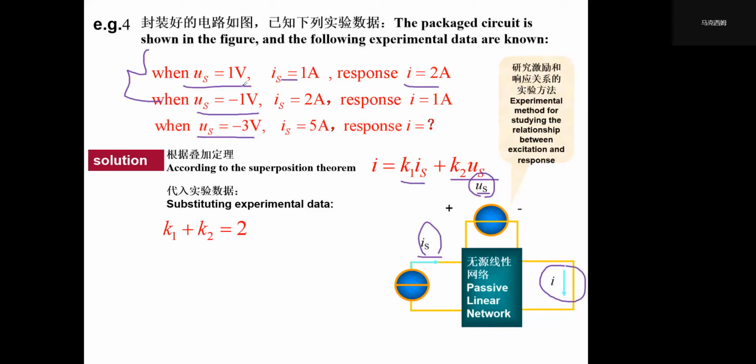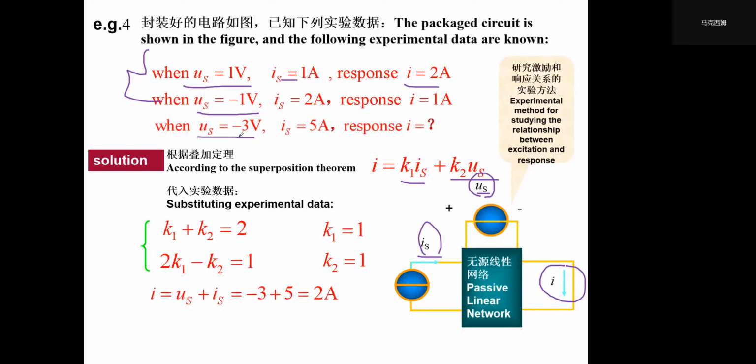So two unknown variables and two equations, so we can solve it, and then we can reach the conclusion that K1 equals 1, K2 equals 2. Which means I equals IS plus 2US. And we put the data from the third experiment here, and we can reach the conclusion, right?